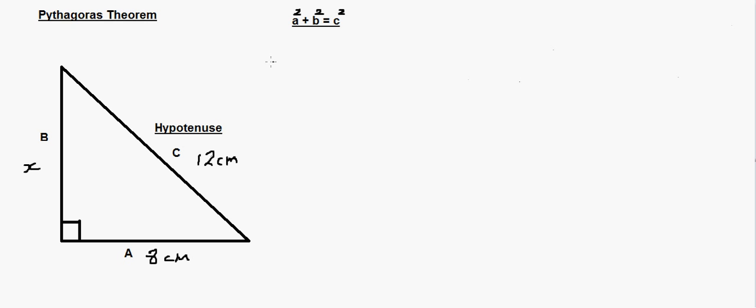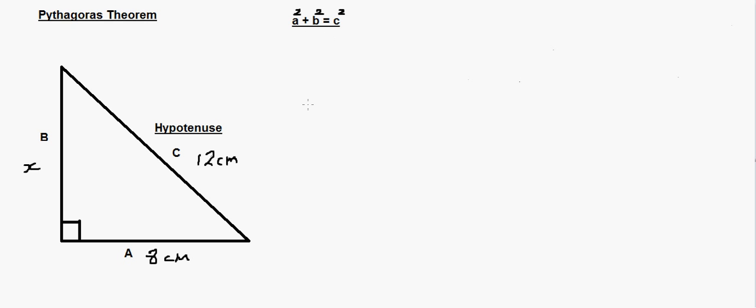So this formula is what we use, but we need to rearrange it so that we get what we want. Now I would urge you, rather than putting the numbers in straight away, to rearrange the formula first.